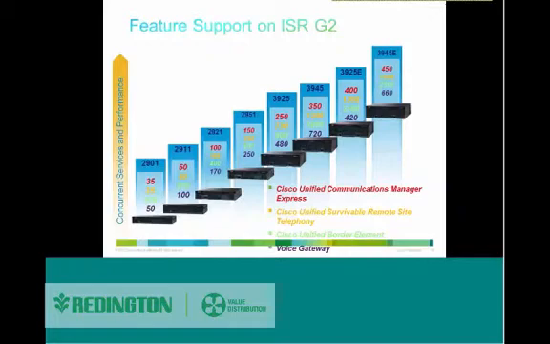On an SRST scenario, this 2951 can support up to 250 devices, and the 3925 router can support up to 250 Unified Communications Manager Express users and up to 750 devices supported on SRST functionality.